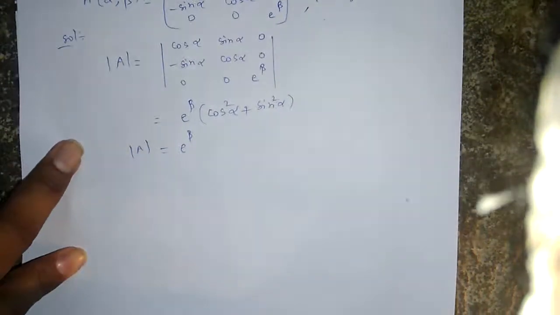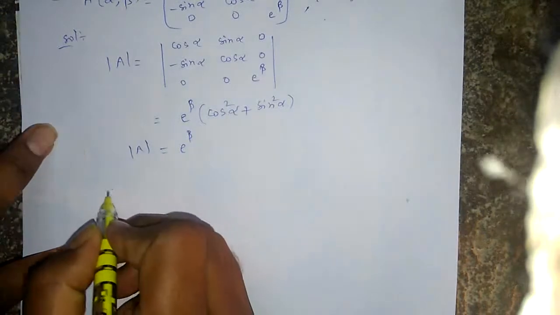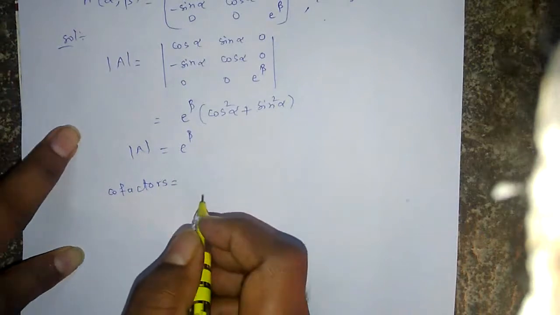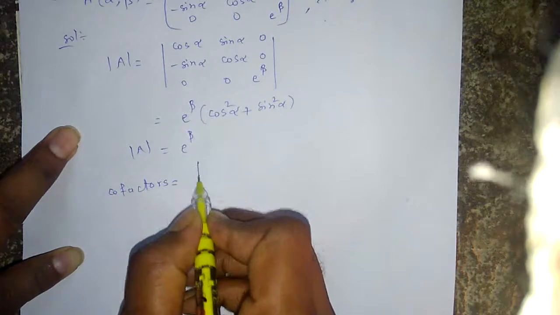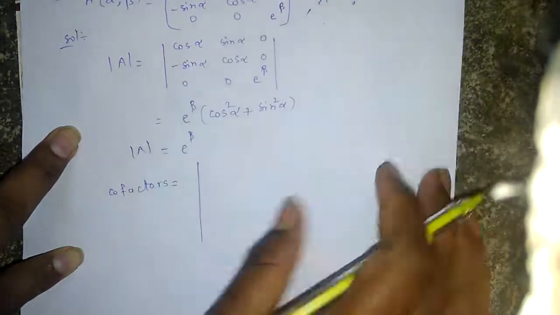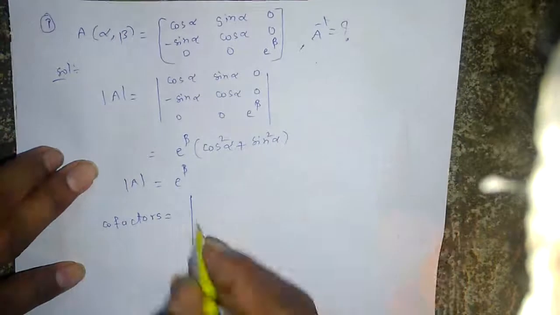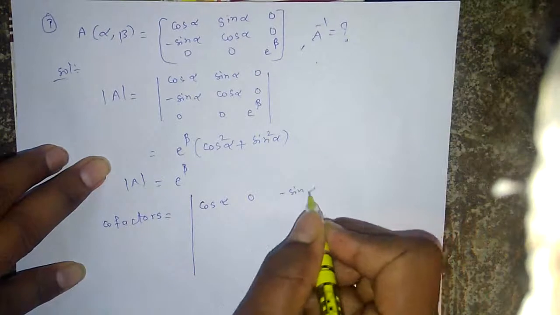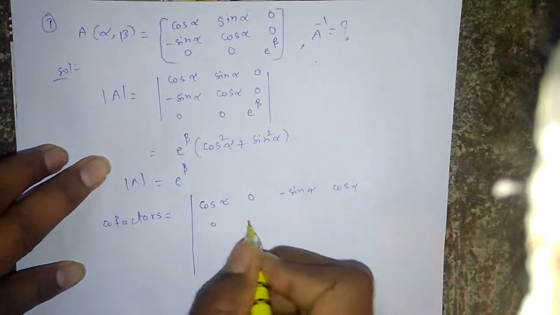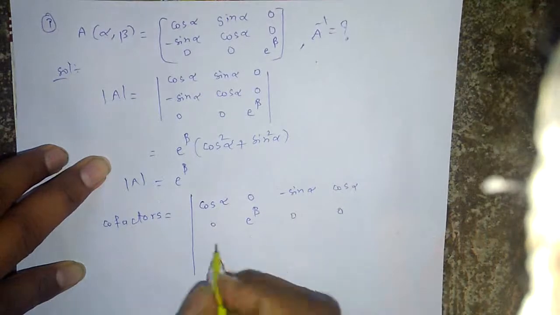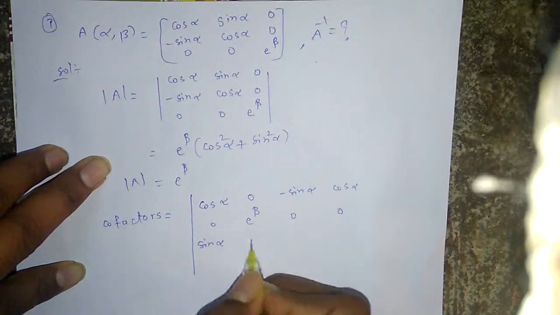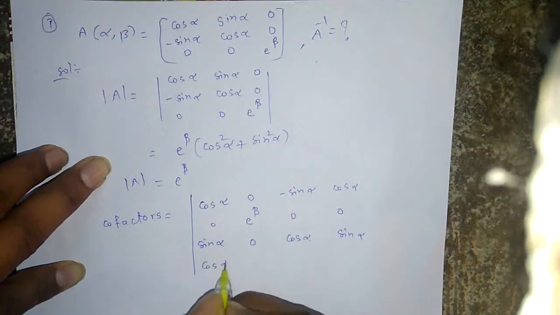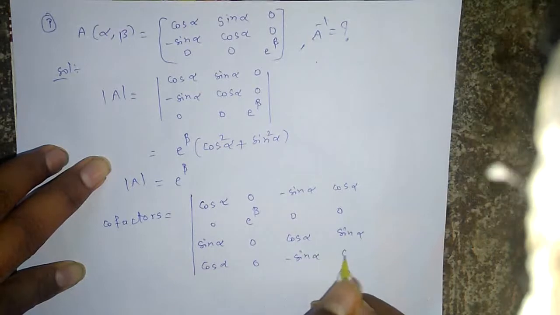Next you need to find the cofactors. You can find them by any method. Here I use the circular method. For cofactors, you start with the middle row, that is cos alpha 0, minus sin alpha cos alpha, then the last row 0 e power beta 0 0, then the first row sin alpha 0 cos alpha sin alpha, and again the middle one cos alpha 0 minus sin alpha cos alpha.